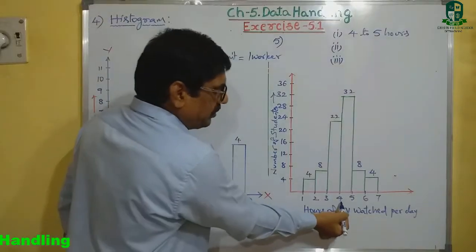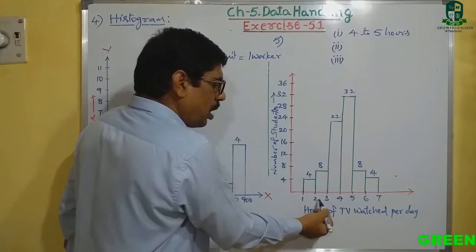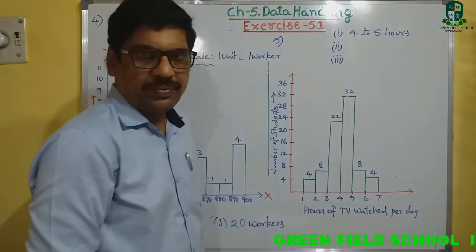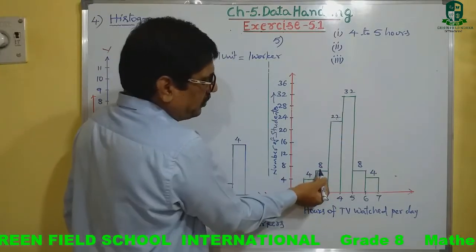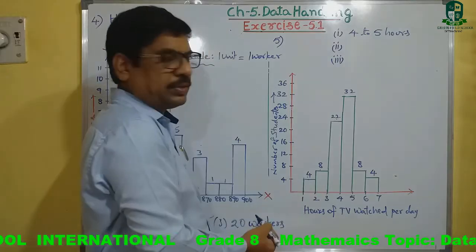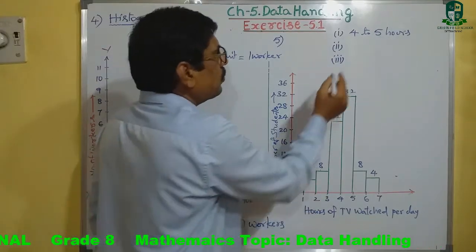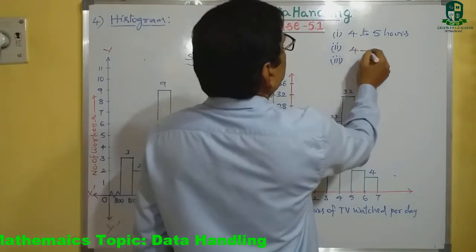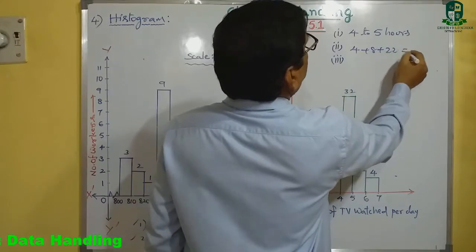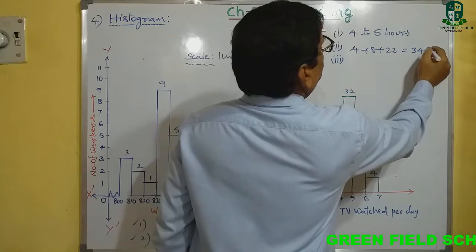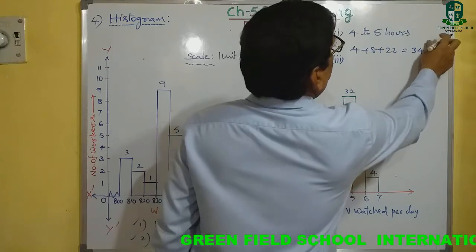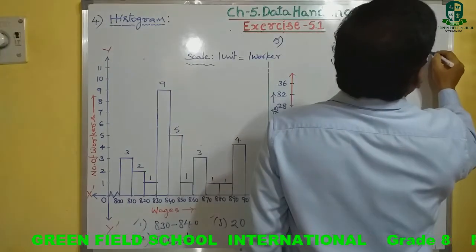Less than 4 hours means it may be in between 3 and 4 or 2 and 3 and 1 and 2 also. So we have to add all these numbers, 22 plus 8 plus 4. By adding these numbers, how much do you get? 4 plus 8 plus 22 is equal to 4 plus 8, 12. 12 plus 22, 34 students. Okay?